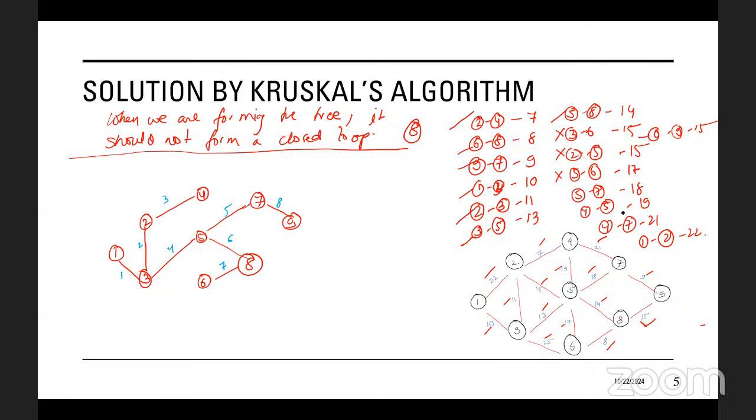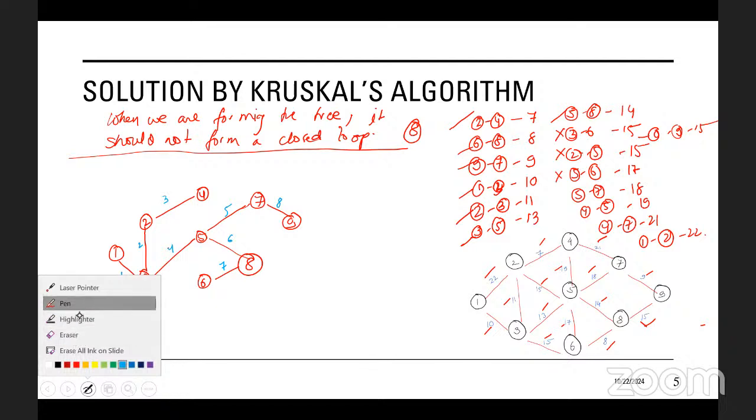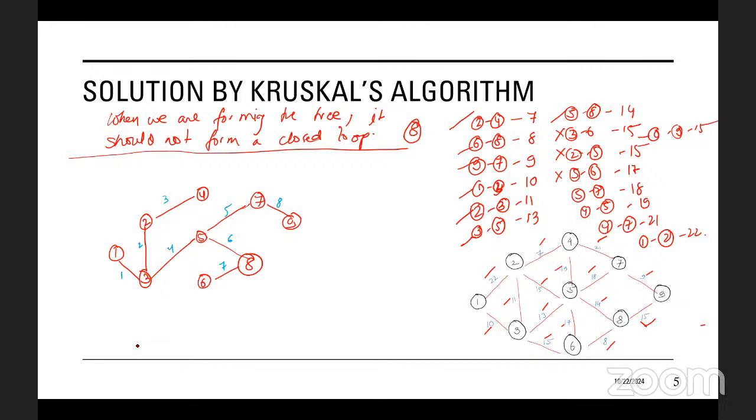Okay. So now we need to determine the minimum cost. So how are we determining the minimum cost now? We'll just add up one by one all the edges that we have selected. 2 to 4 was 7, 6 to 8 was 8, 9 to 7 was 9, 1 to 3 was 10, 2 to 3 was 11, 3 to 5 was 13, 5 to 8 was 14, and 5 to 7 is 18.